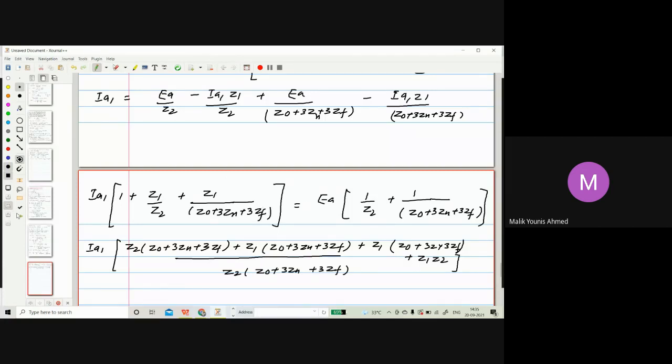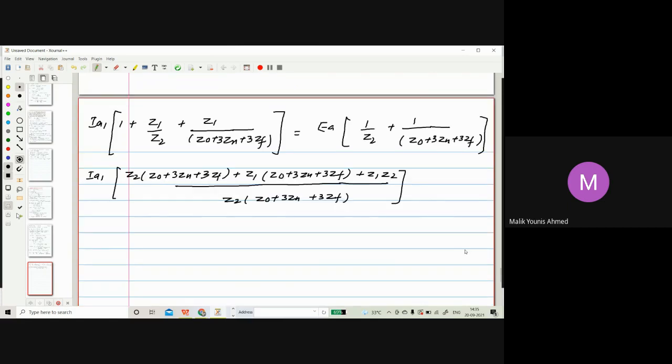Sorry, this should not come here. Plus Z1 Z2. Both this denominator term will be multiplied, this term will be multiplied, this term will be multiplied. That's what we are getting. Bracket I will close here. So this is what we are getting on the left hand side.